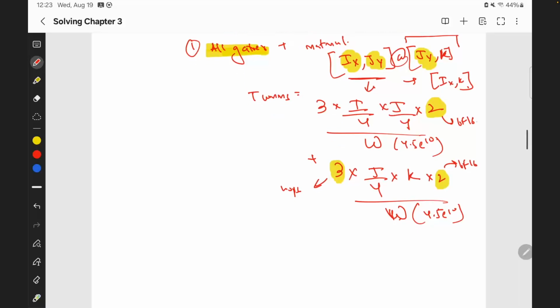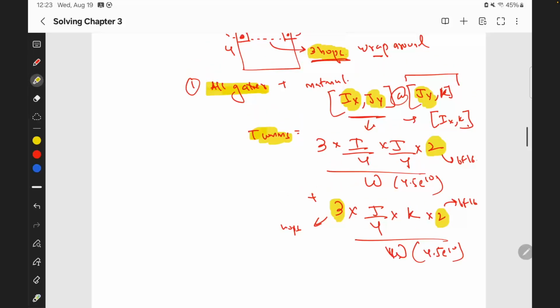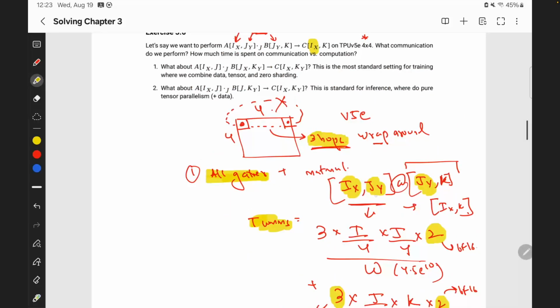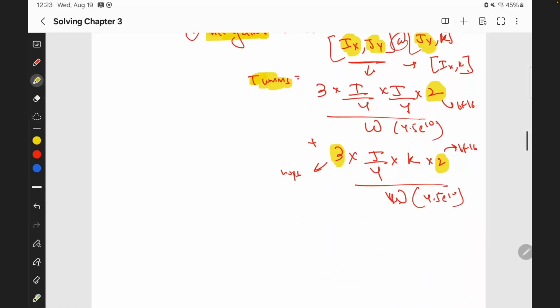So this is your total communication that you will be paying to first all gather this contracting dimension across all the TPUs, and then your matmul would be 2ijk, and here it will be divided by 4 because you have ix.